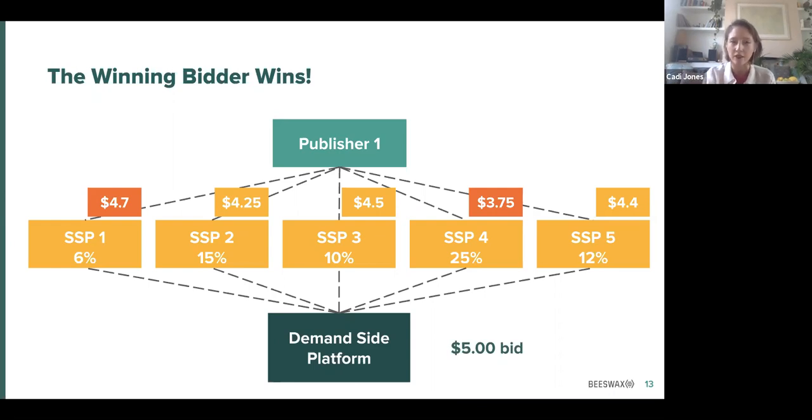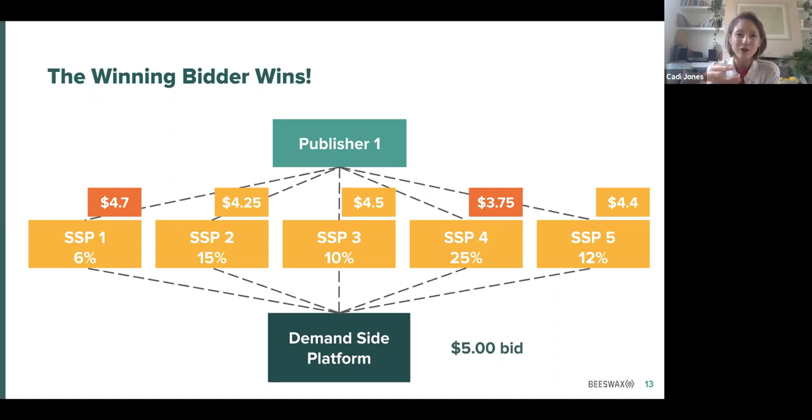In this example where we're bidding $5, the difference between 6% and 25% means a difference in bids between $3.75 and $4.70. In a scenario where 1 cent can make a difference, you can bet that almost a dollar is going to make a huge difference.